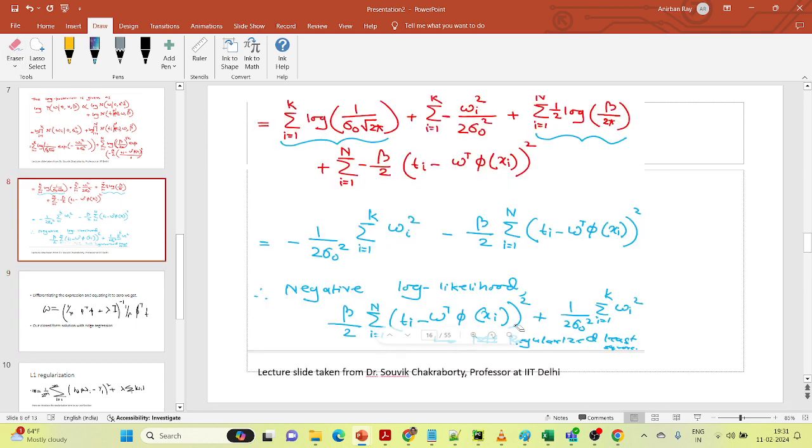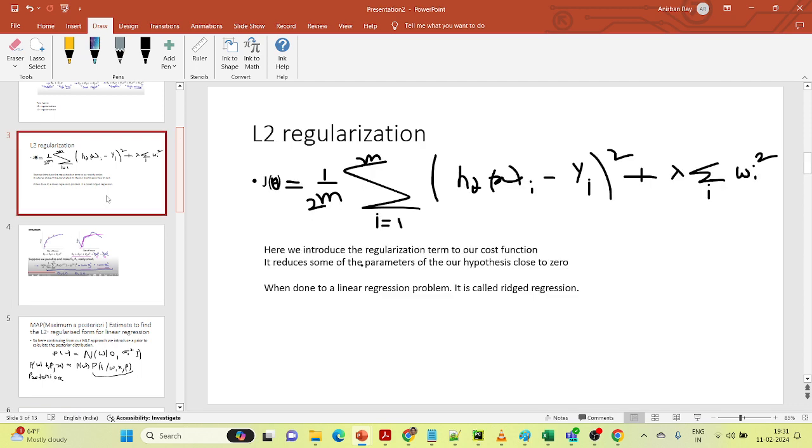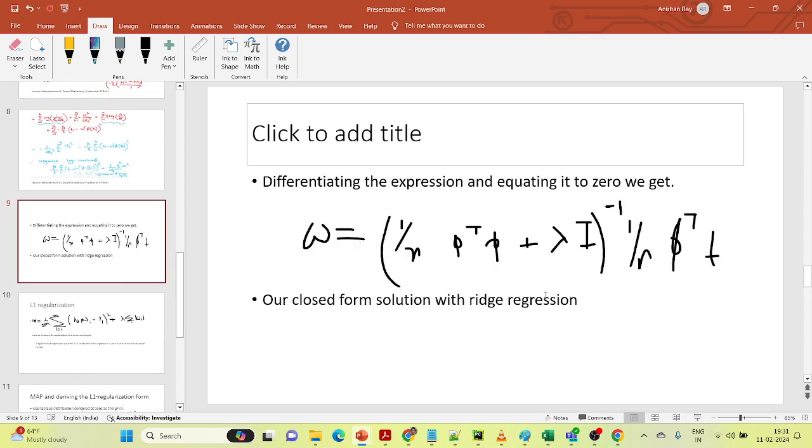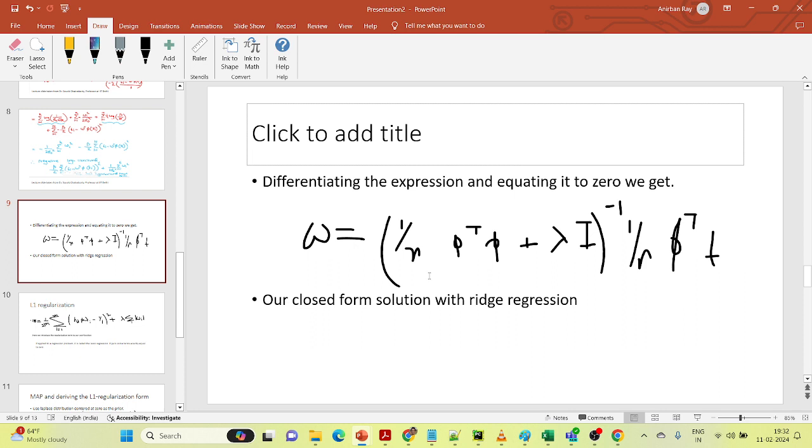Solving like before, we can get to this closed form solution as well, in which the regularization parameter lambda, as defined here, will come in like this. To get to the closed form, you need to differentiate with respect to w, and you will reach here, like previously.